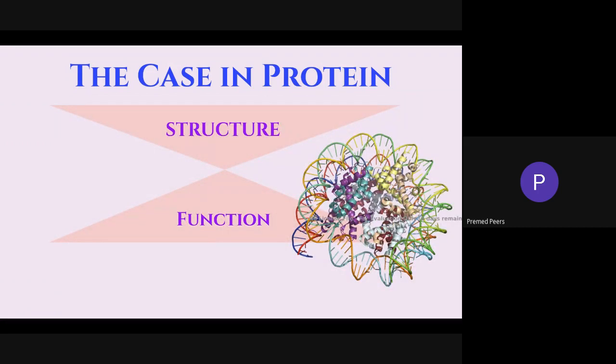So why is it so difficult that they have to use artificial intelligence? Although it sounds simple, like you're just putting a string of amino acids together into some sort of structure, it's actually a lot more complex, because it can fold in many different ways, and the structure is intimately connected to the number of functions that it can do.